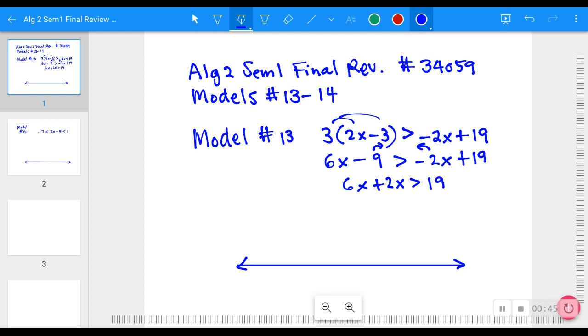And on this side, you have 19 to start with, but plus 9 coming from the other side. So we end up with 8x greater than 28. And if you divide by 8 here, you end up with x is greater than 28 divided by 8, which then just becomes 3.5.